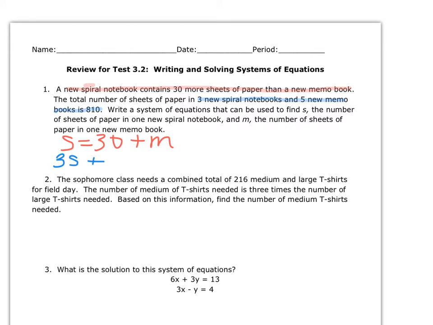And 5 times M is the total number of pages in 5 memos, is 810. That's the system. That's it.